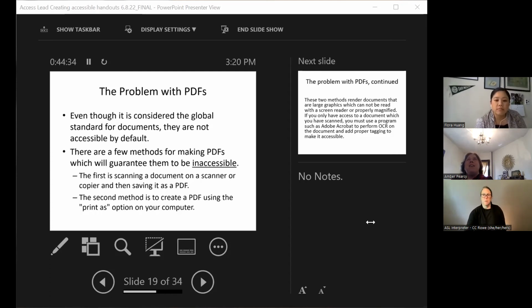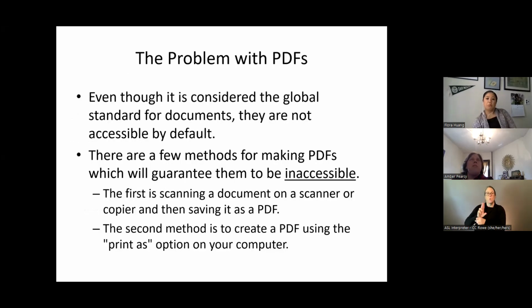And that is to either scan a document and save it as a PDF, or to use the print as PDF option found in most word processors. So when you do that and someone opens it using a screen reader, the only word they will hear is image. So that is not going to be helpful.